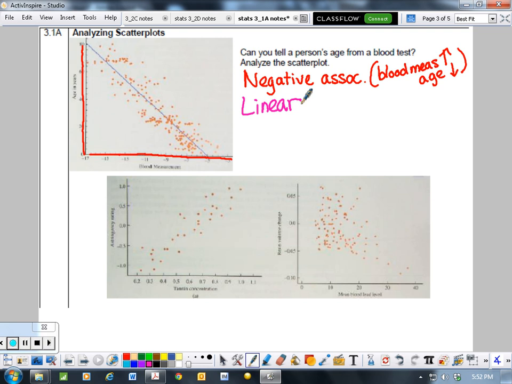So I would call this a moderate strength. And remember that we tend to pair that up with our association. So this is really a moderate, negative, linear association. And then for any outliers or influential points, it doesn't look like there's anything really popping out.